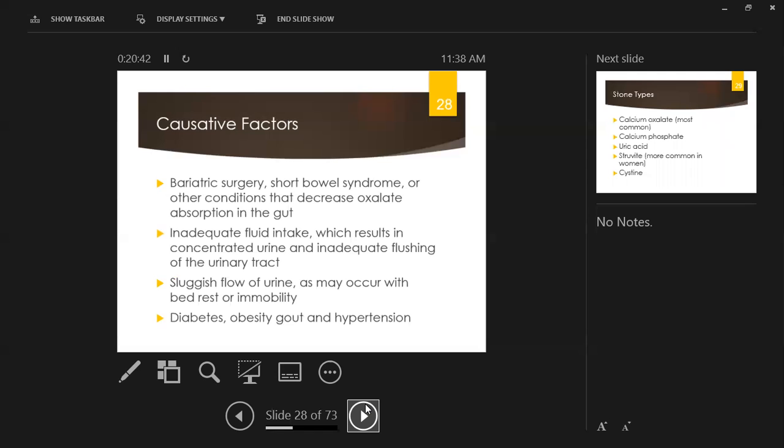Additionally, inadequate fluid intake, which results in concentrated urine and inadequate flushing of the urinary tract, can result in stones. Urinary stasis or sluggish flow of urine, as may occur with bed rest or immobility, puts a patient at increased risk for formation of stones. And then diabetes, obesity, gout, and hypertension put them at risk for those uric acid stones.